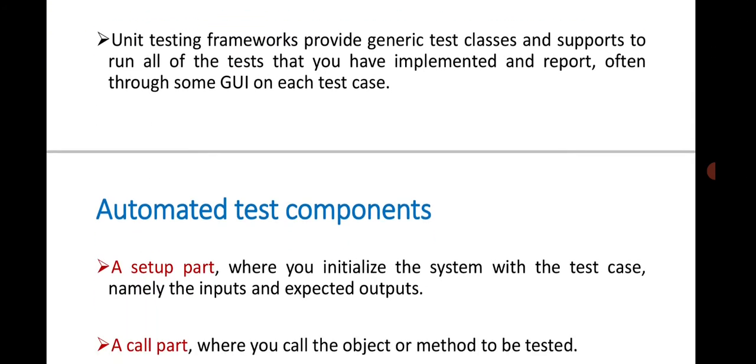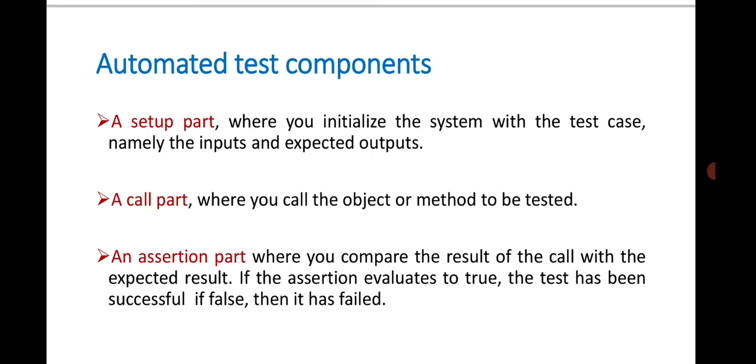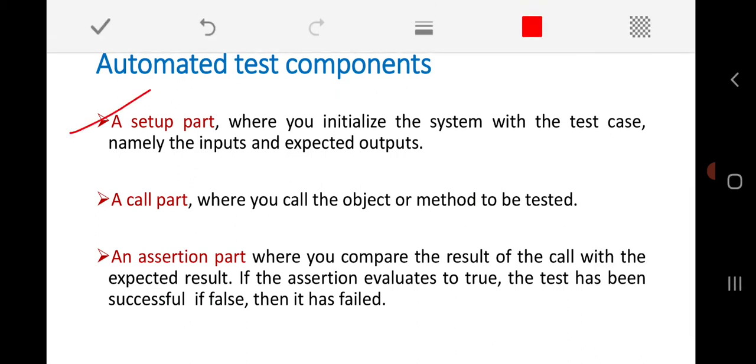Normally, automated testing consists of three main components. Every automated test that you write for any unit to be tested consists of three parts. The first one is the setup part, then the call part, then the assertion part.